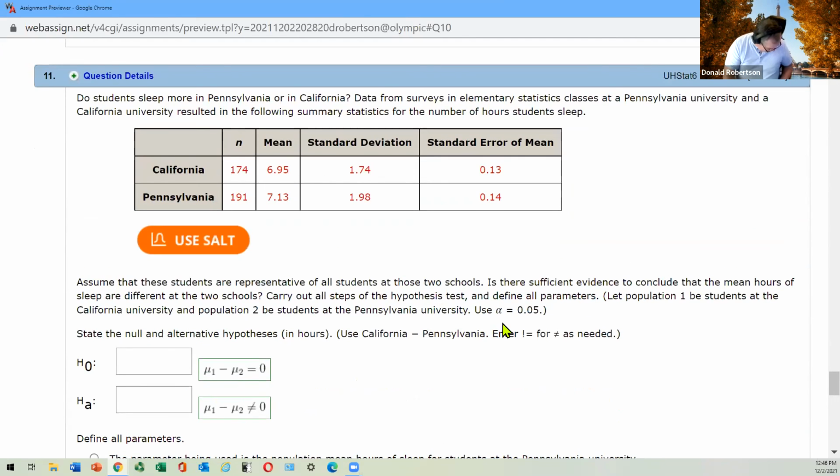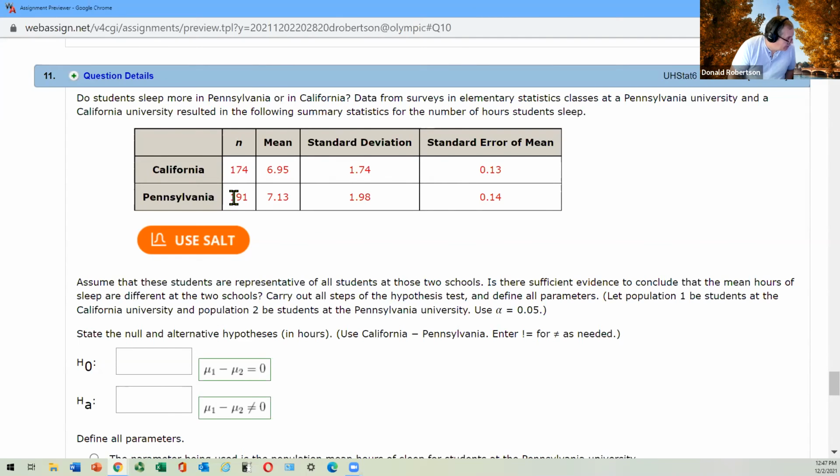Okay, right, I don't have time to do this the long way, but since the answers are here, let's cheat. Can you see this is a study where they're looking at do students in Pennsylvania sleep more than those in California? And here is the data. 174 Californians, that's the average sleep, that's their standard deviation.